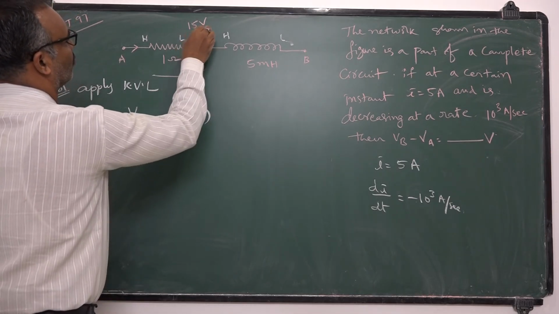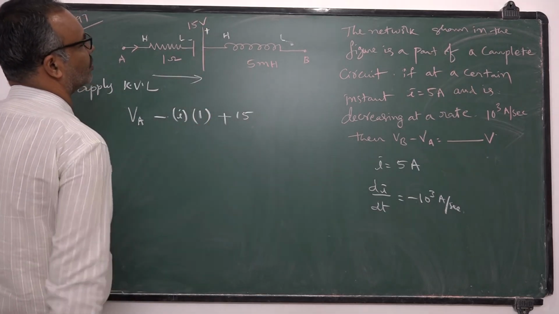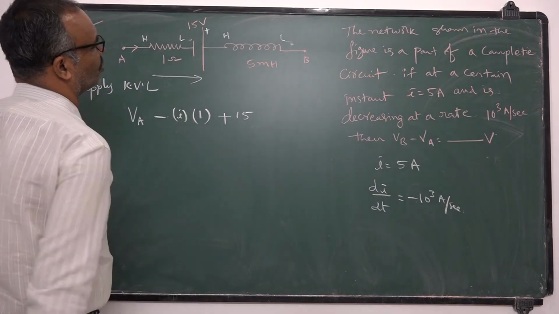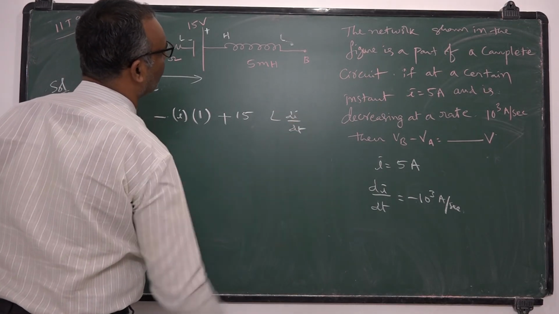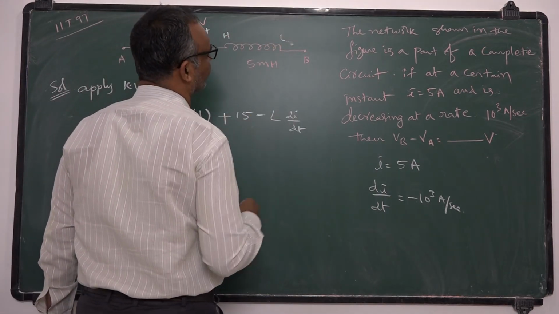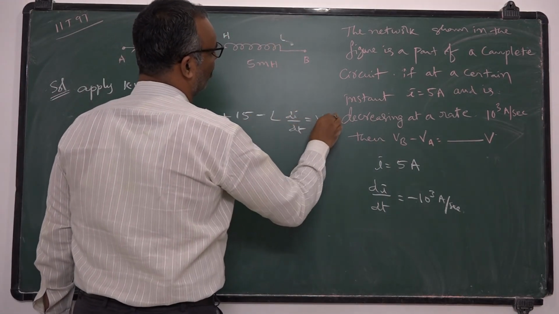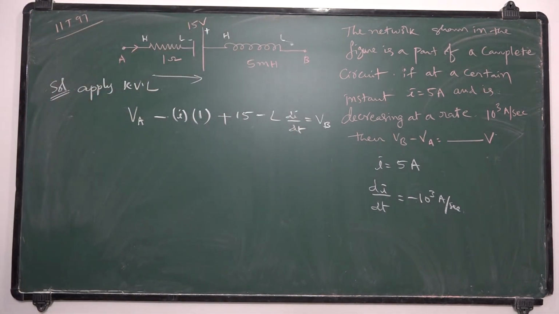Here you are going from low potential to high potential, so positive 15 volts. Here the actual potential drop is L into di by dt, and you are going from high to low, so minus, which will give the value of potential at B.